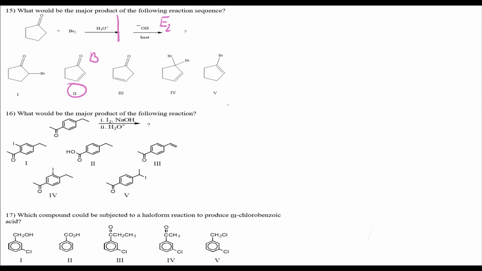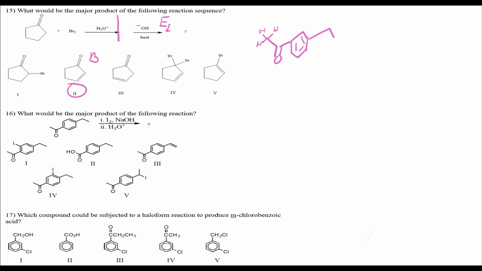So 16, what would be the major product of the following reaction? Okay, so let's start working on this problem. First of all, we would have this compound. And notice that this carbon would have 3 hydrogens right here, and they're pretty acidic because they're next to a withdrawing group.